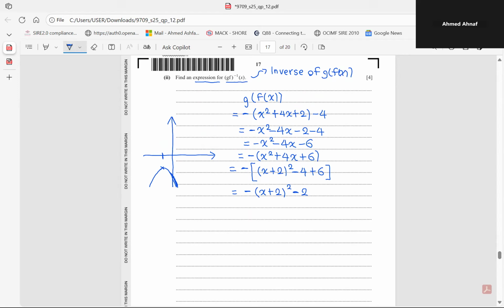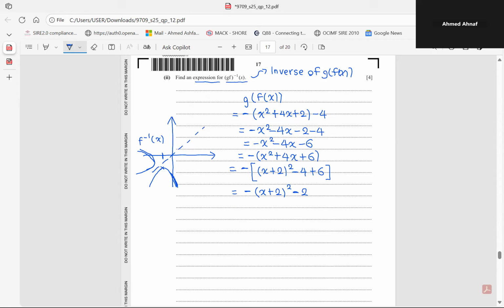And now to sketch the inverse function, it would be something like this. So f inverse x, the x values would be negative mostly.